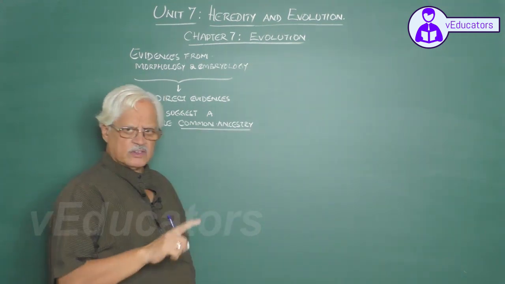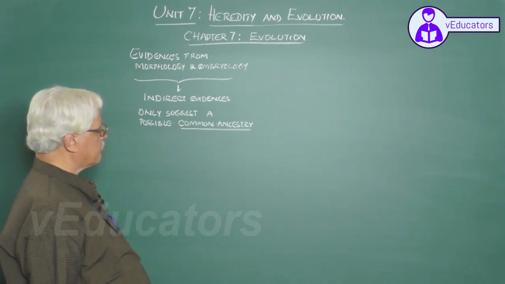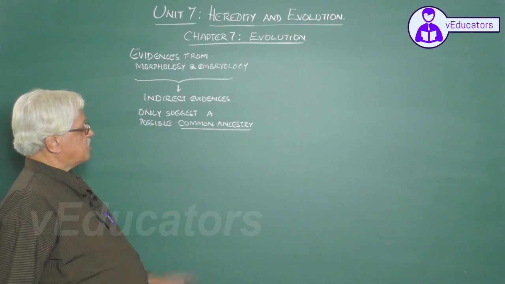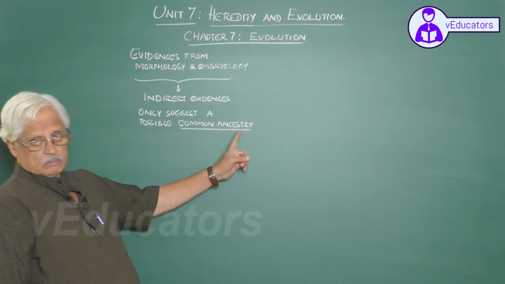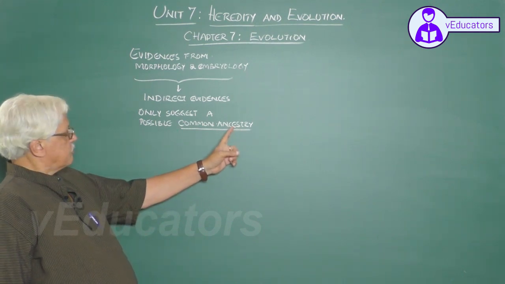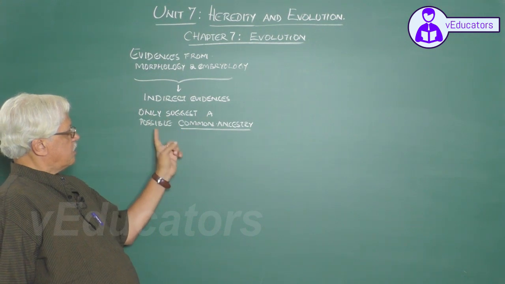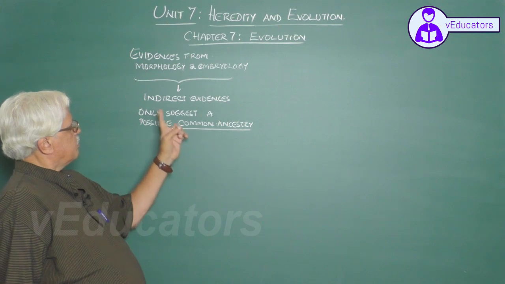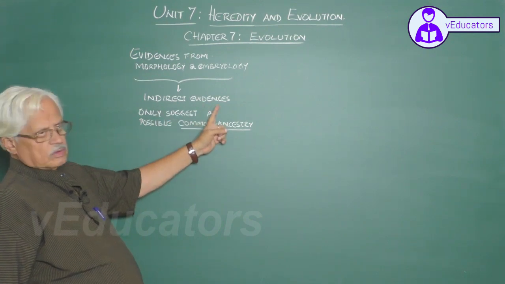Because there is a comparison in related organisms, we come to the conclusion that they must have arisen from a common ancestry. So they suggest a possible common ancestry and do not provide direct evidences for evolution.